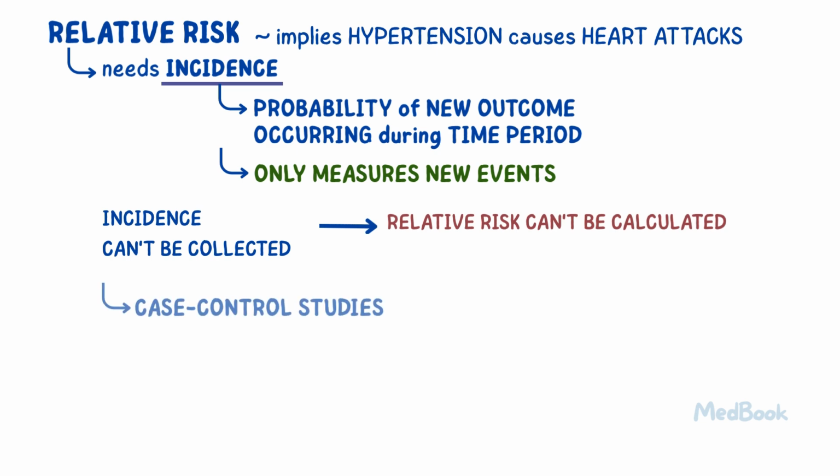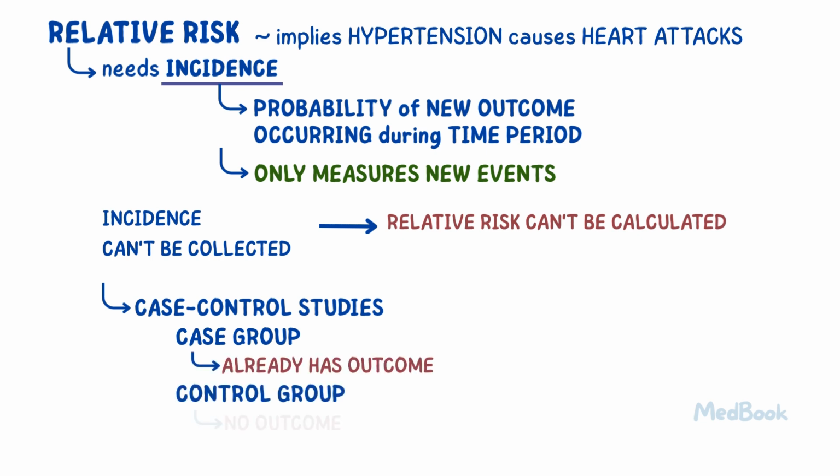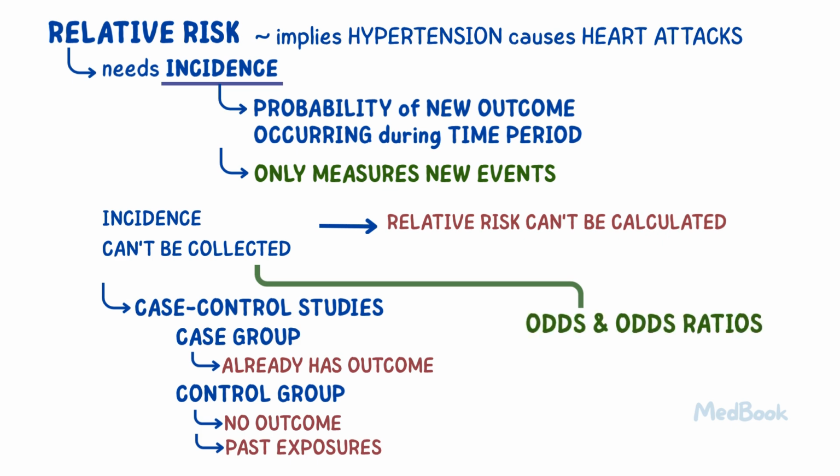For example, case control studies start with a case group that already has the outcome and a control group that doesn't have the outcome and looks at past exposures. In this situation, odds and odds ratios come in very handy.